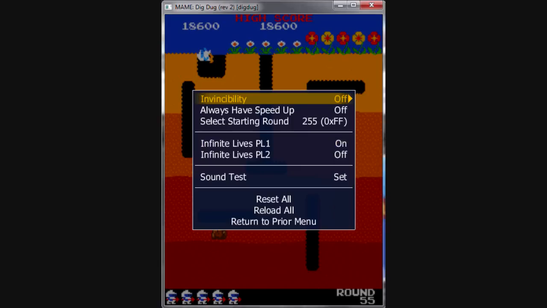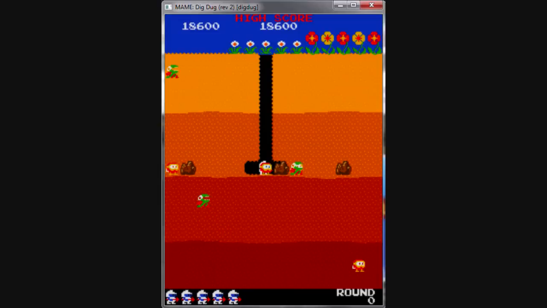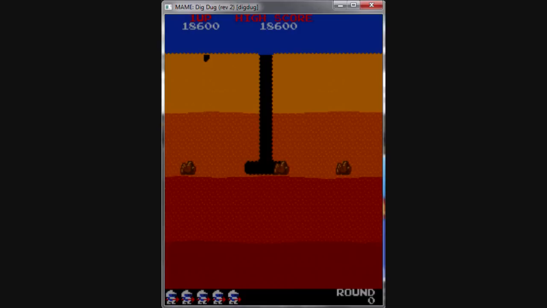Now on Dig Dug's kill screen, what happens is when the player completes round 255 of Dig Dug, the level counter wraps around back to 0. Now what Dig Dug has is a subroutine for where the tables are drawn and where the enemies are placed.